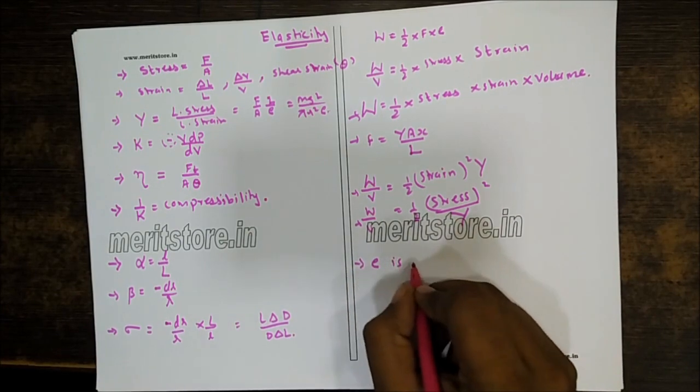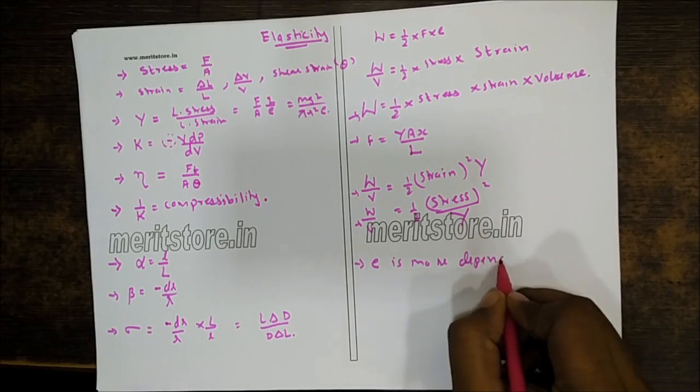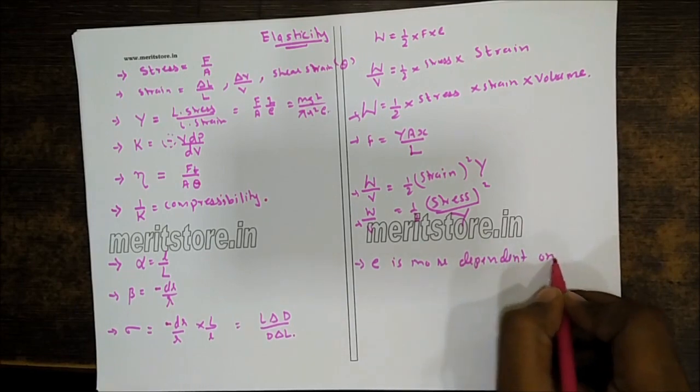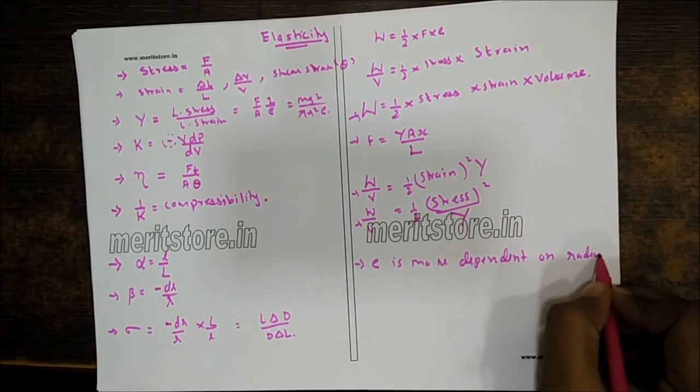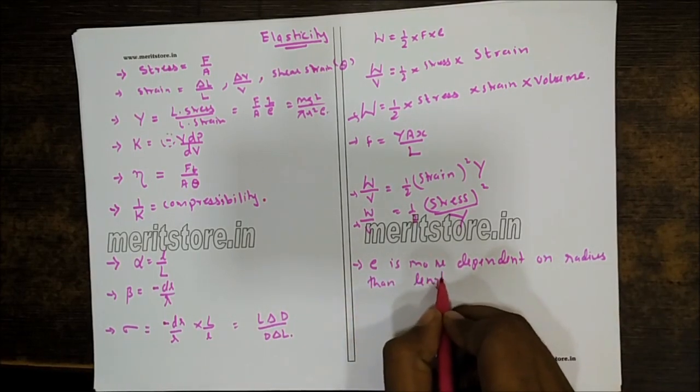Elongation is more dependent on radius than length.